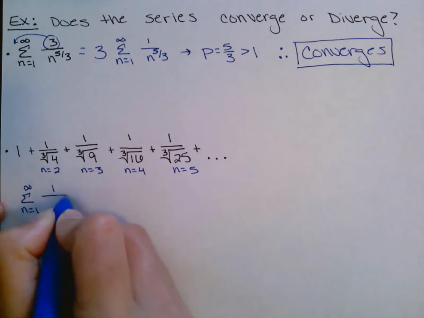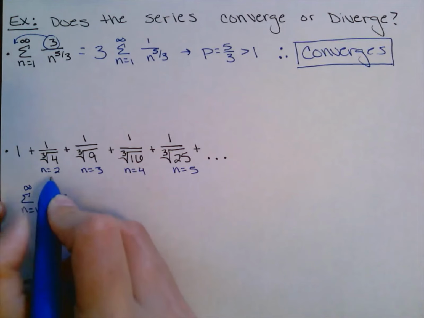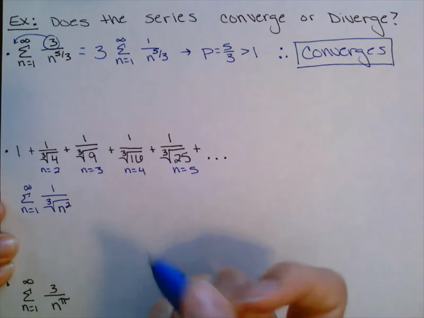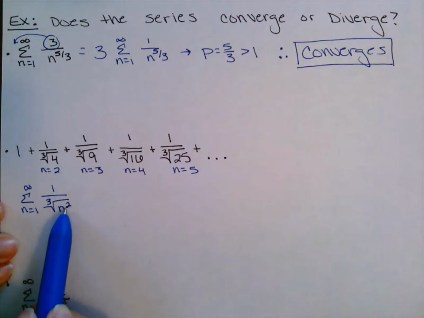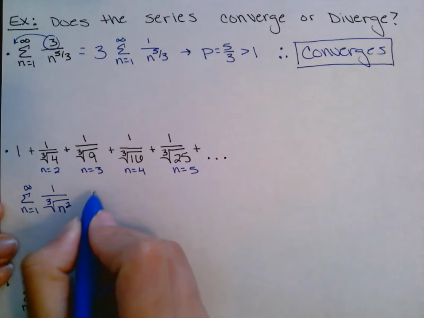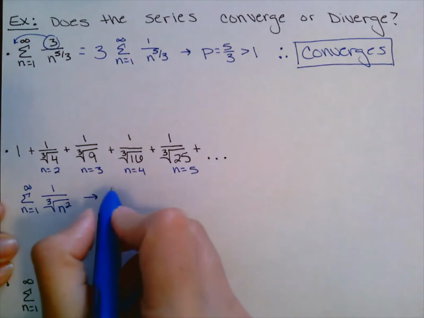So I can say that this is the infinite sum of 1 over the cube root of n squared, right? Because 2 is n, 3 is n, and so on, squared. We see that? And that goes back to making sense that this is 1 because 1 raised to anything is 1, and the root of 1 will always be 1, and 1 over 1 is 1, okay? Now, if I want this to look like a P-series, I want to write this radical as a fractional exponent.